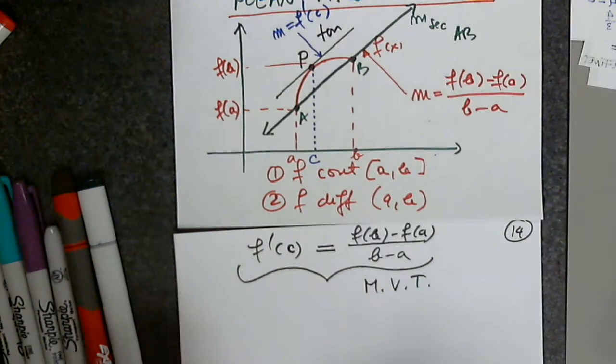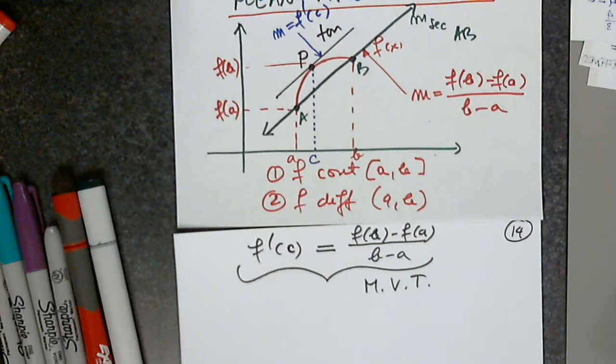Don't we know that already? No. Well, I'm saying, when we learned some of those things, we know that the slope of f prime is the same as the slope of a regular line. We know that the slope of the tangent line is f prime of C. We know that the slope of a secant line is f of B minus f of A over B minus A. But now we are putting in two conditions.